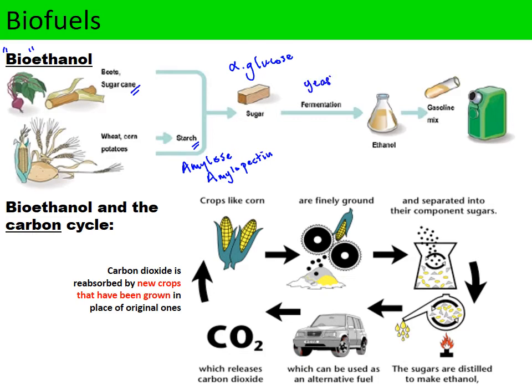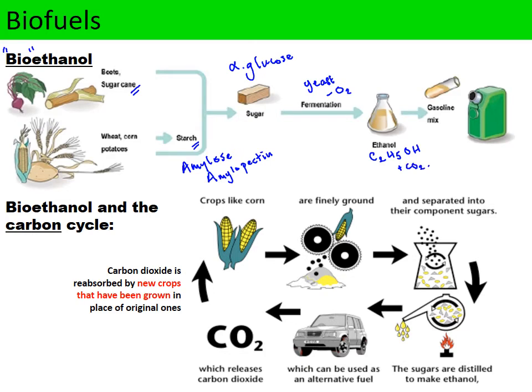So the yeast cells are going to respire the glucose in a lack of oxygen because they're facultative anaerobes. So this is called anaerobic respiration. These cells are going to make a little bit of ATP, but they're also going to have 2 end products: ethanol, C2H5OH, and a little bit of carbon dioxide.